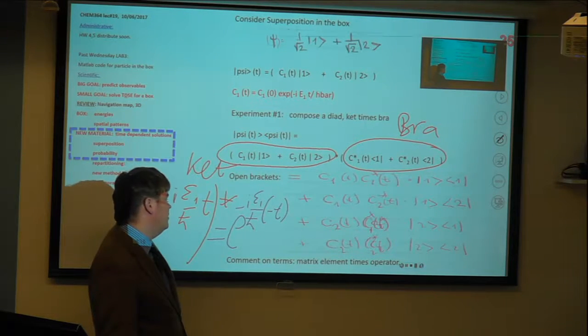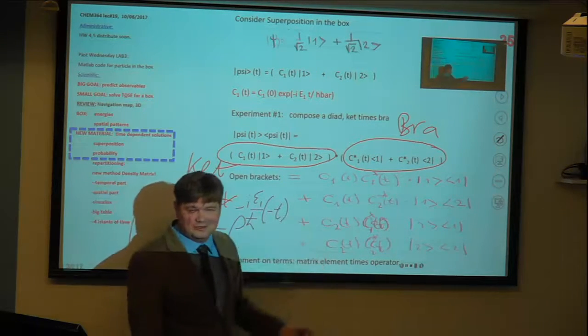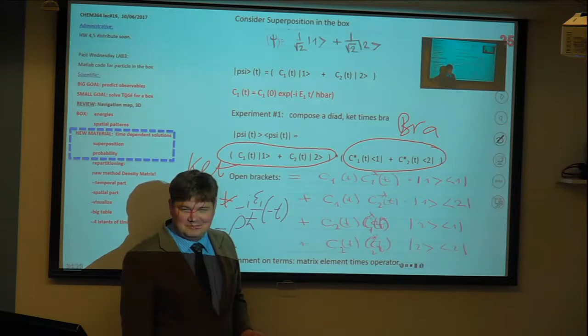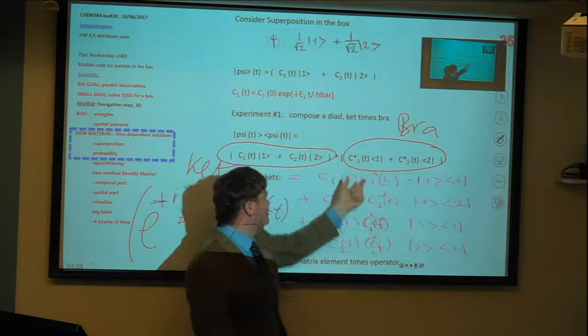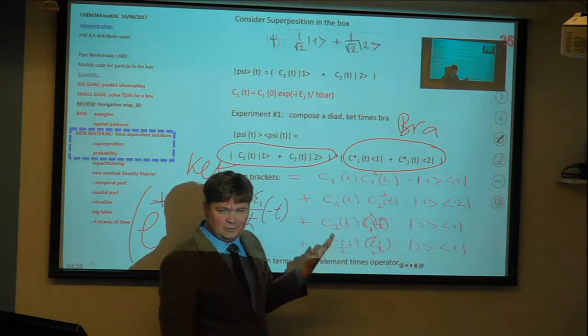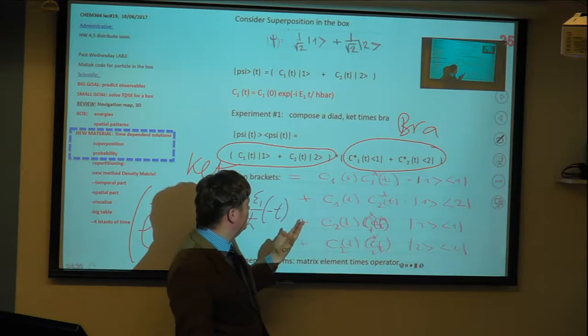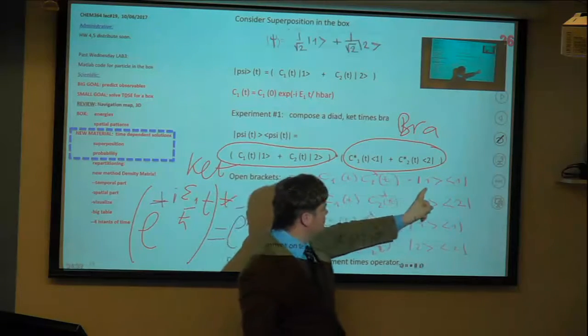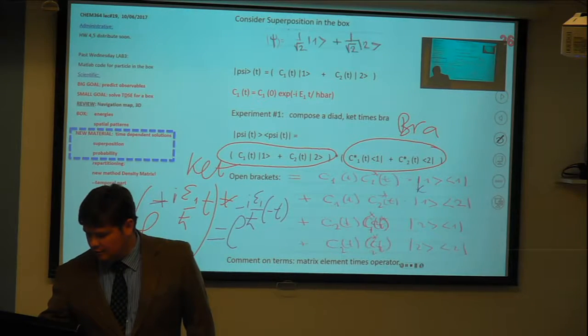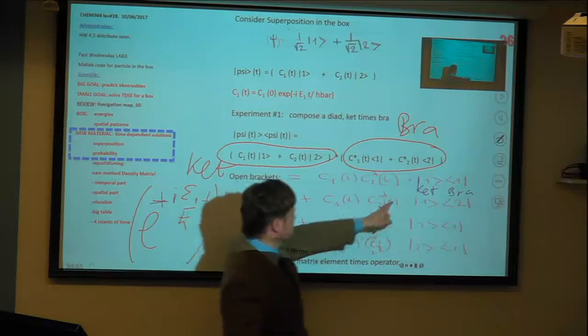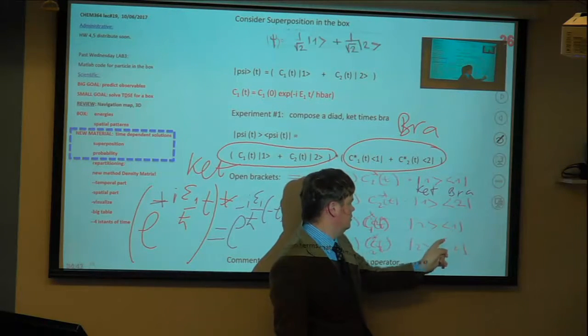I think I have to open the brackets, but they are already here. And you probably believe that they are open correctly. Right? So 2 factors with 2 terms in each gives 4 terms, right? And here we have ket times bra, little ket and little bra, for all possible combinations: 1,1, 1,2, 2,1, 2,2.